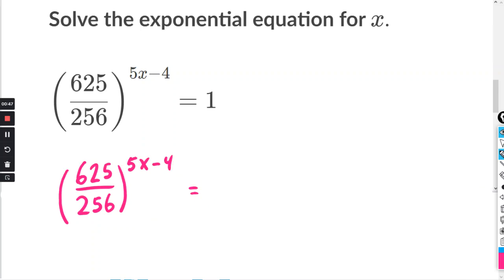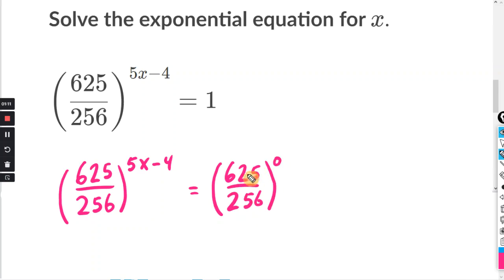Now, we know that anything raised to the power of 0 will equal 1. So I can take this fraction right here, the same fraction, 625 over 256, and raise that to the power of 0.